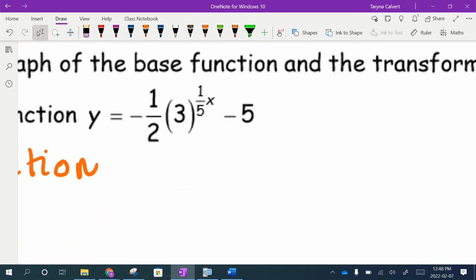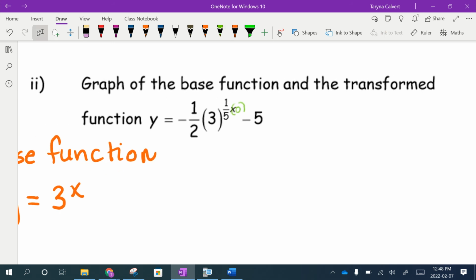So you could have just put a 0 in here. 1/5 times 0 is 0. 3 to the exponent of 0 is 1. 1 times -1/2 is -1/2. -1/2 minus 5 is -5.5. So you could, right now, do your y-intercept algebraically.